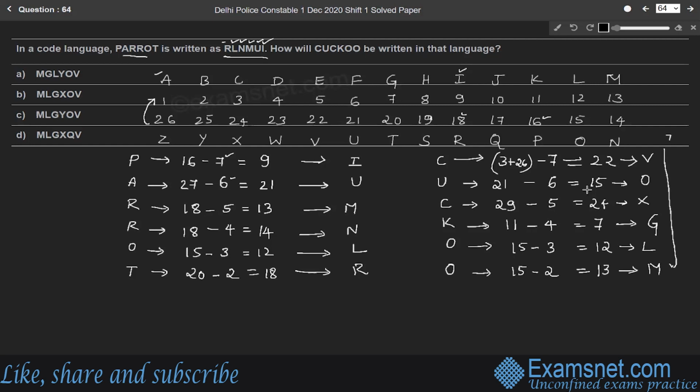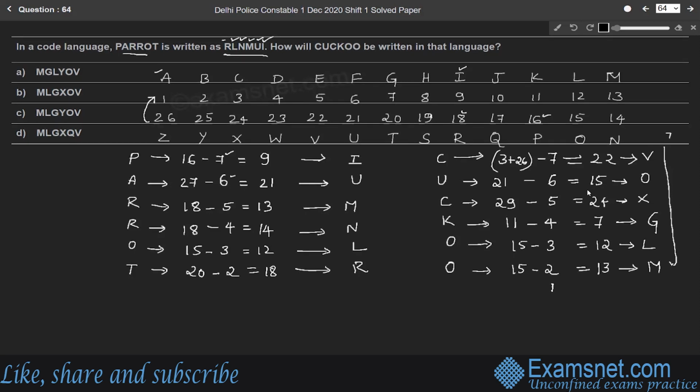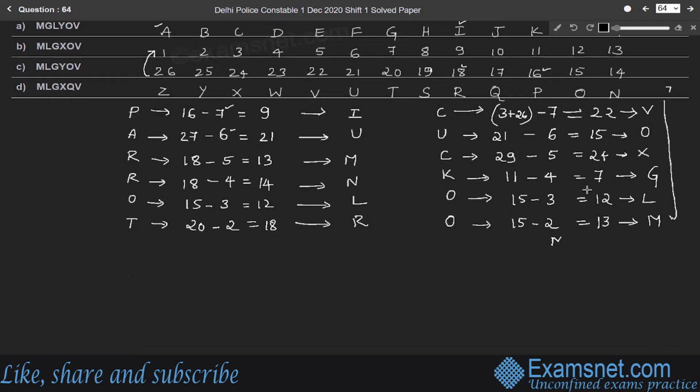So it is written as MLGXOV. Option B is the right answer.